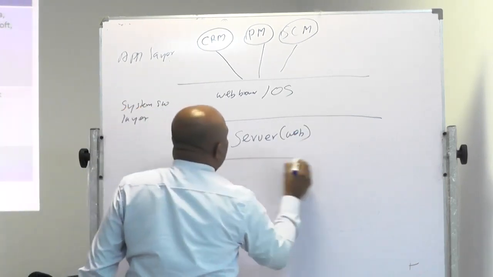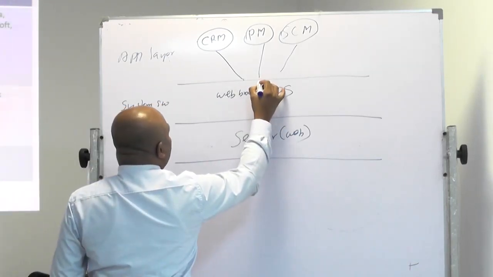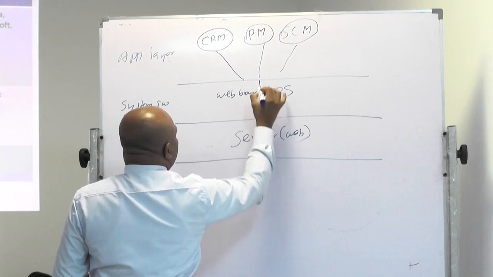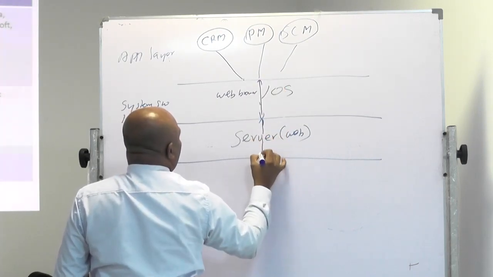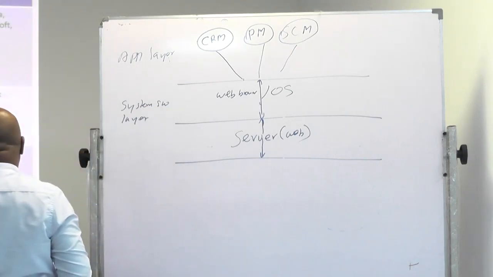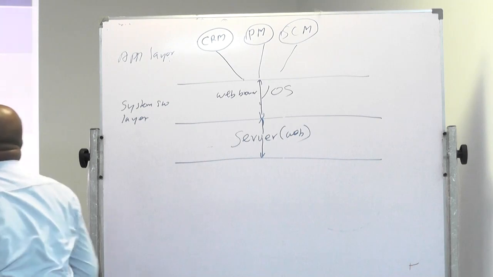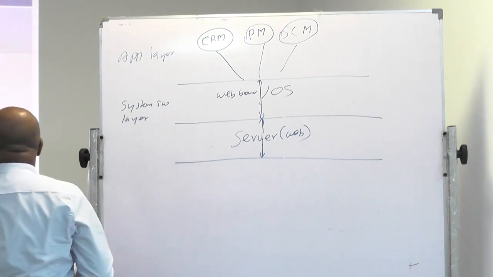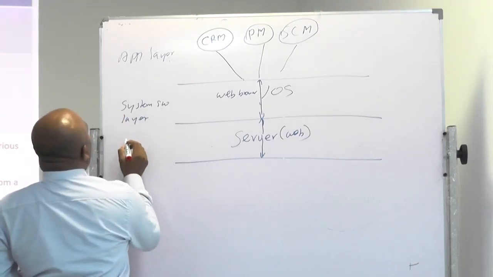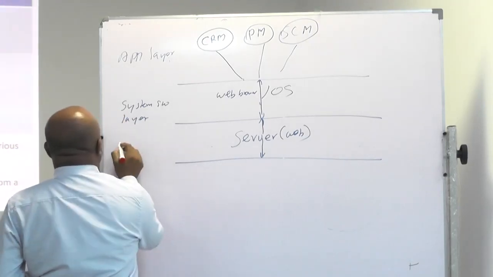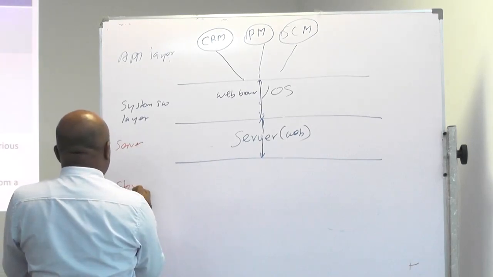That's another layer, and it is connected like this. Then we go to the storage, so we went with the server one, and then storage.